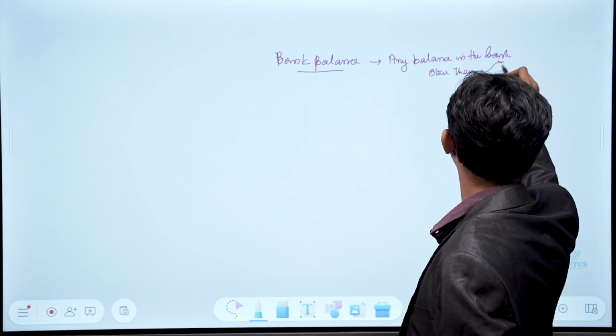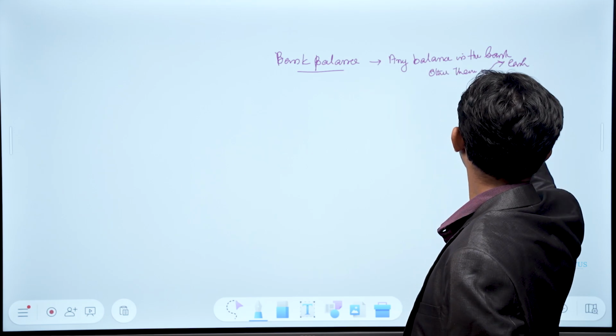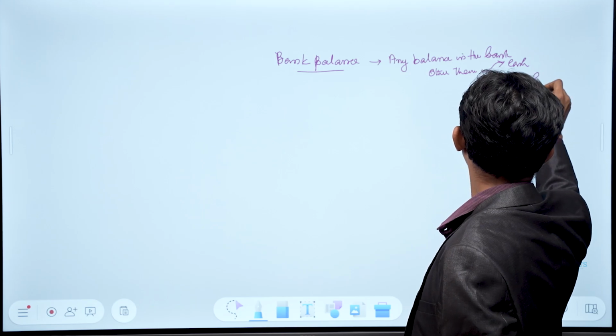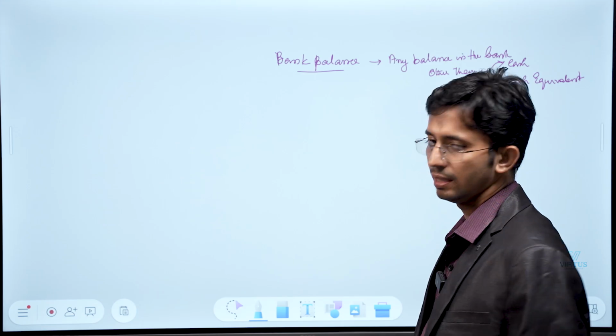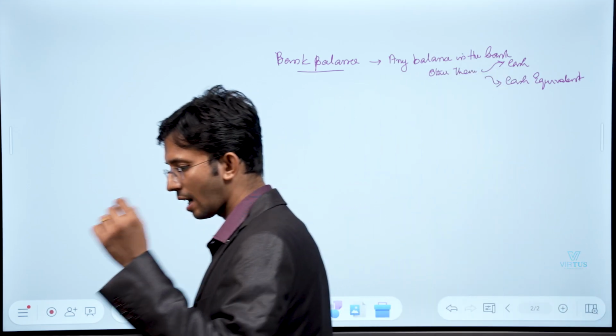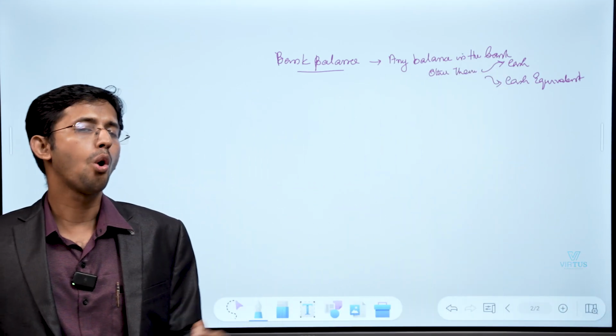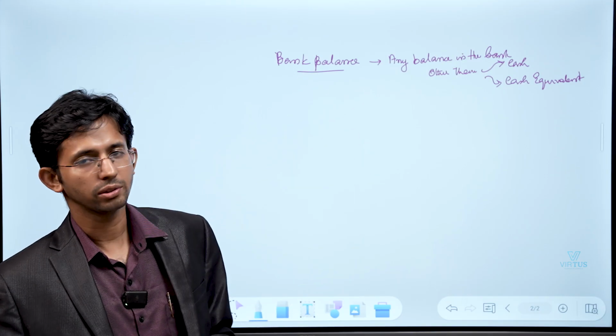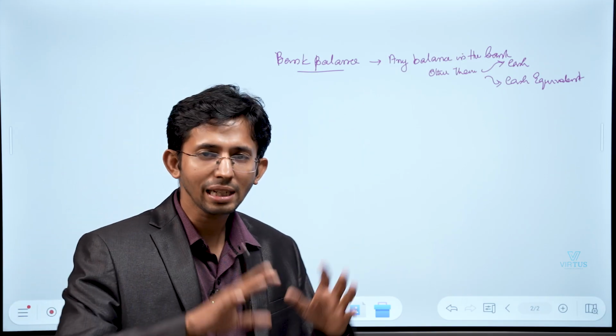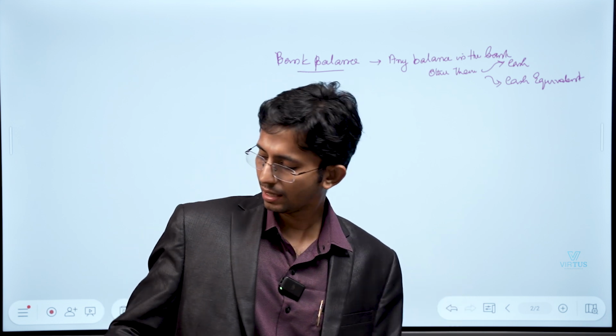What are these two things? One, cash. Two, cash equivalent. So if you have any balance in the bank, it has to be classified either as cash or cash equivalent, or if not, it has to go as bank balance. So bank balance means it is the residual category. I hope that is clear.